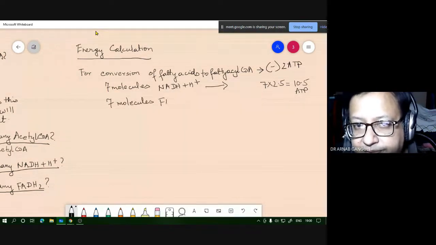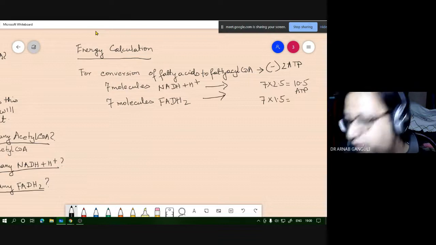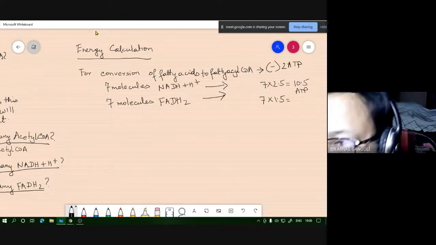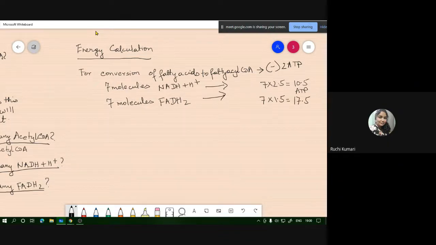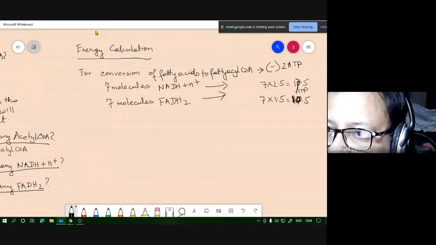7 into 1.5, that is 10.5 ATP. The upper one is 17.5, the lower one is 10.5. Absolutely right.